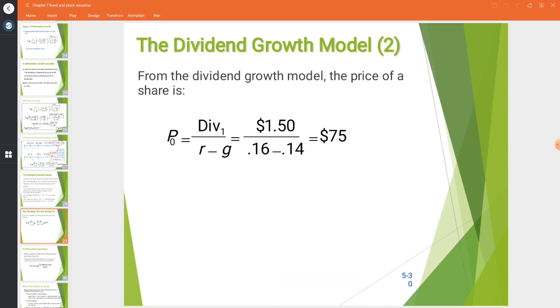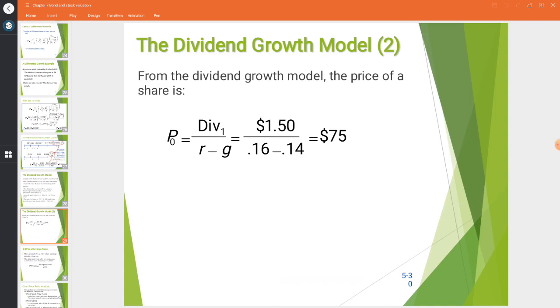If you are interested to determine the market price using the dividend growth model, you must have the dividends at the end of the first year divided by the difference between the interest rate minus the growth rate, and then you could determine its BV.